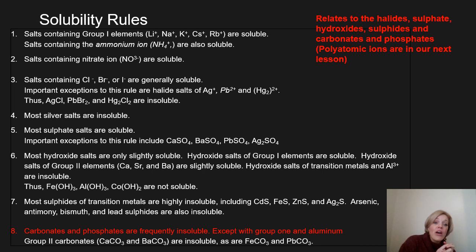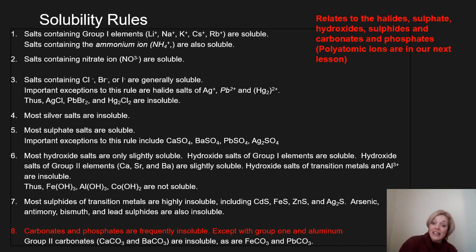So silver chloride, for example, is an exception. Lead bromide is an exception, and mercury chloride. So those are halide salts. Your chlorides, your bromides, your iodides are halides, halide meaning halogens, because those are in your halogens group.